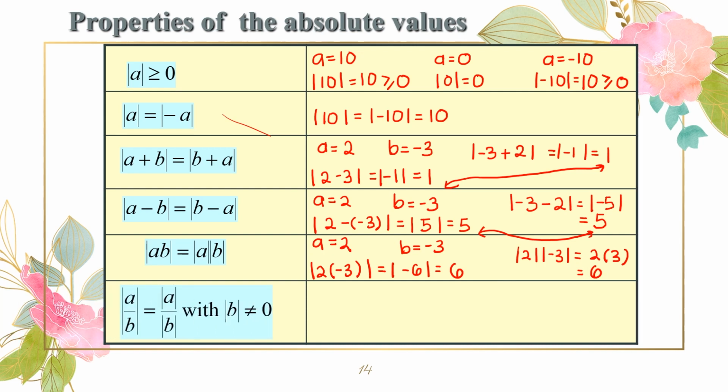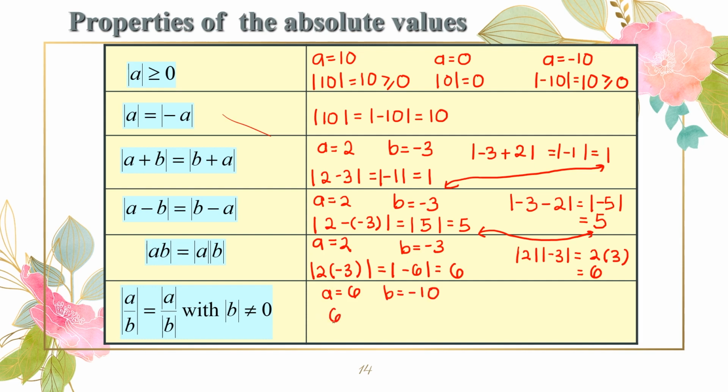And the last one, let's look at the fraction. For example, again we take a as 2 and b is -3. What if we take larger numbers? For example, a equals to 6 and b equals to -10.